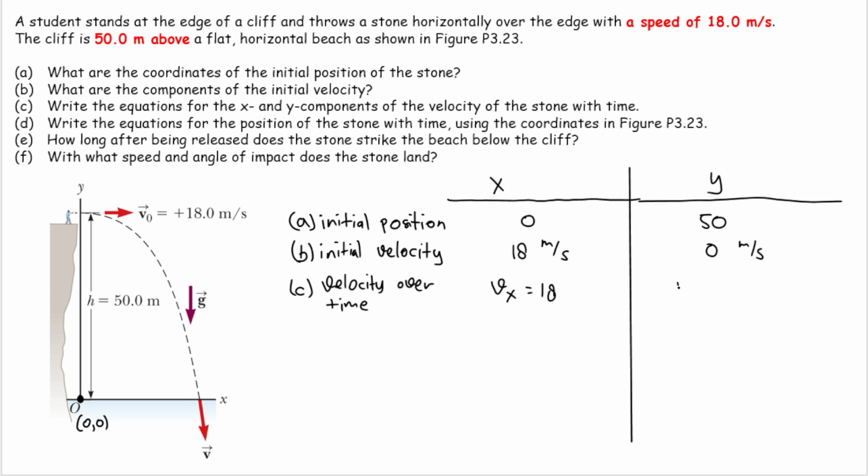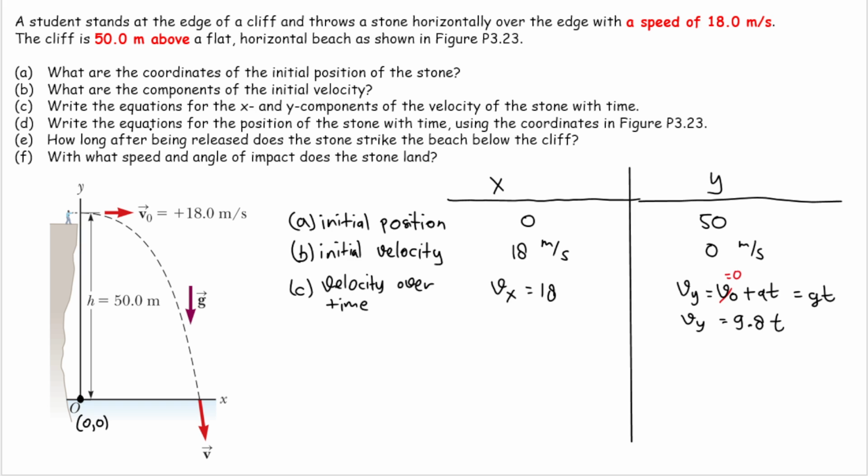So we will have Vy is equal to Vy0 plus at. But then Vy0 is 0, so this one is 0. But we have the acceleration is g. So Vy is equal to gt, or Vy is equal to 9.8 multiplied by t, right? And that is the question C, the velocity over time.